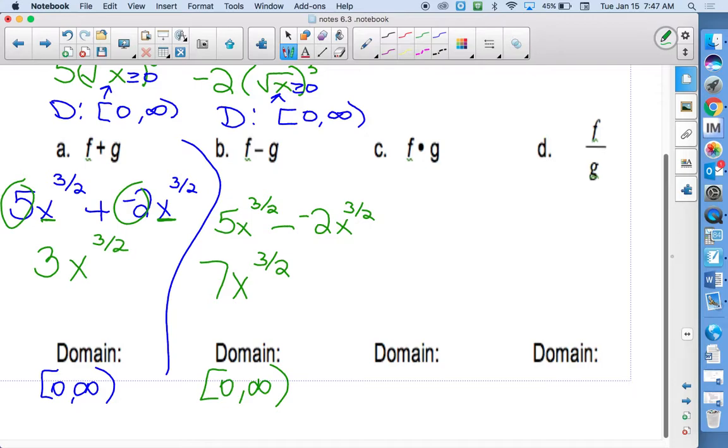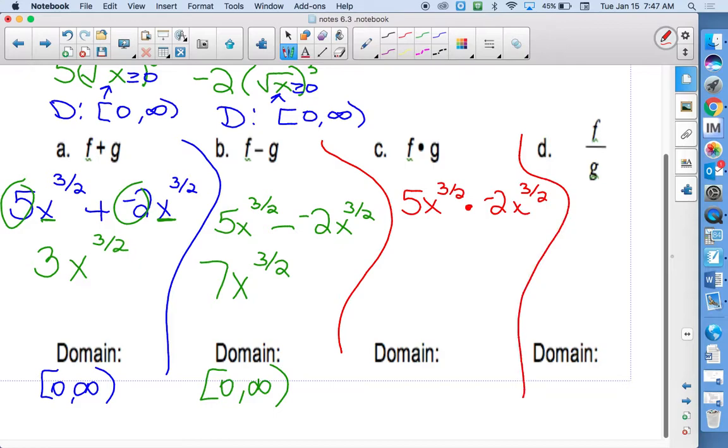So the third one wants us to multiply. So we're taking f of x, and we're multiplying this with g of x. So we have 5x to the 3/2 times negative 2x to the 3/2.